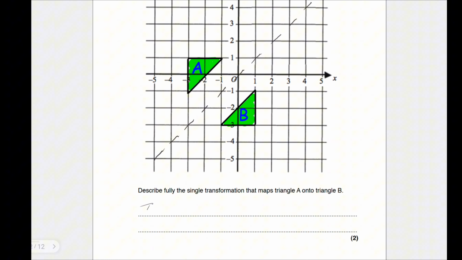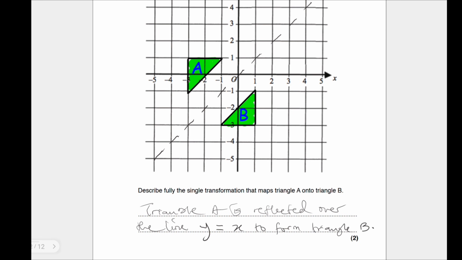So we can say that triangle A is reflected over the line y equals x to form triangle B. Hope that makes sense.